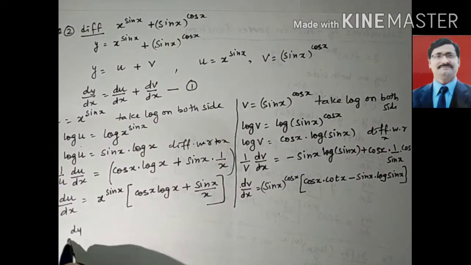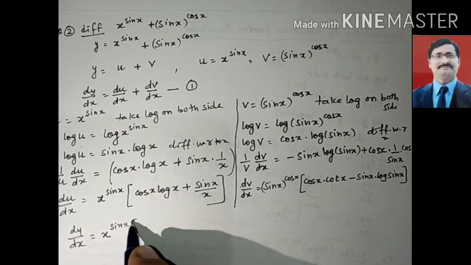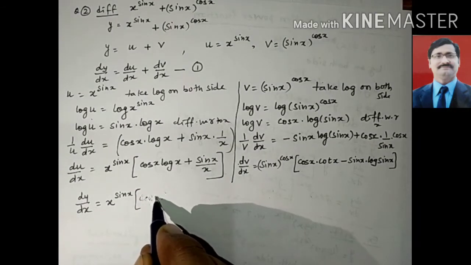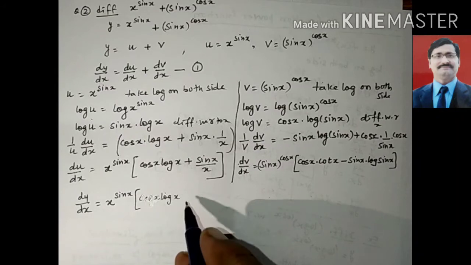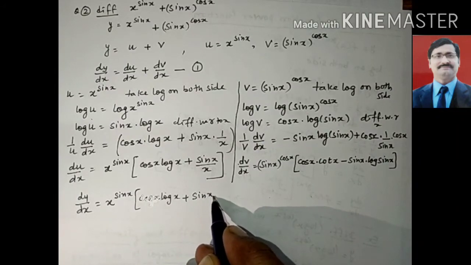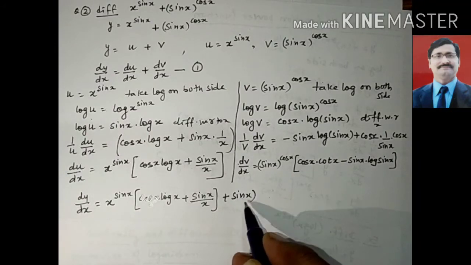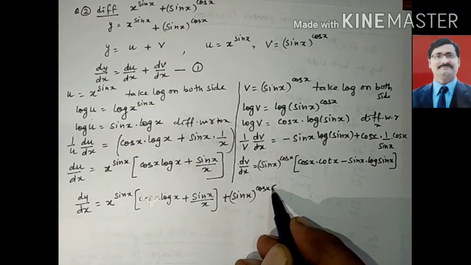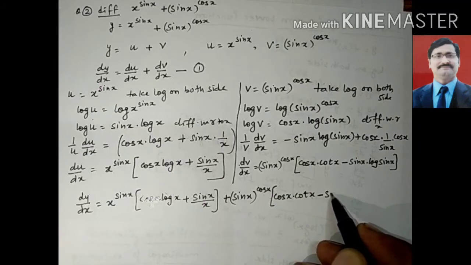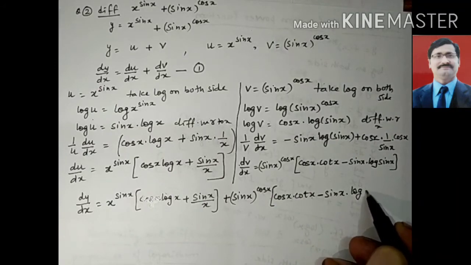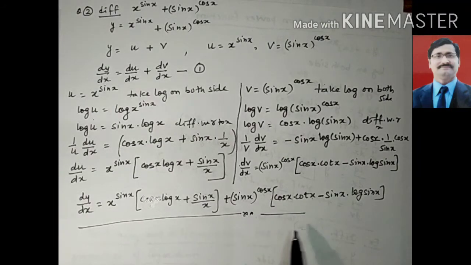So dy by dx will be equal to x power sin x, cos x log x plus sin x upon x, plus sin x power cos x into cot x minus sin x into log sin x. Simple, you have to write a plus between both, you will get the answer.